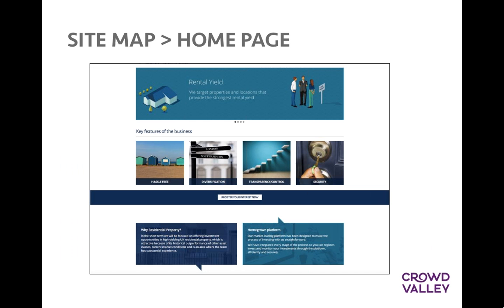So you might want to highlight a couple of your favorite opportunities that are in the platform, and it could be a manual process of selecting which properties you want to highlight on the front page, or it might be more automated than that. So you might want to have your featured opportunities as the ones that are currently most popular, or the ones that have raised the most capital so far, or the ones that are closest to closing, for example. So you can play around with all those sorts of options.